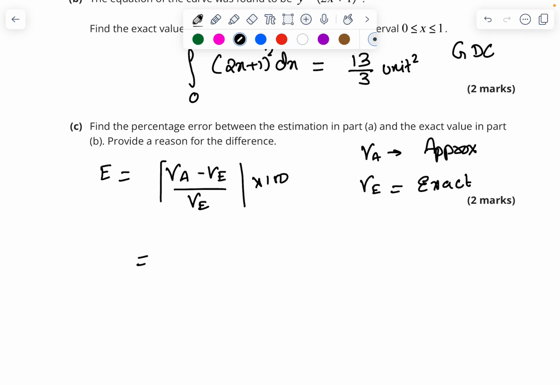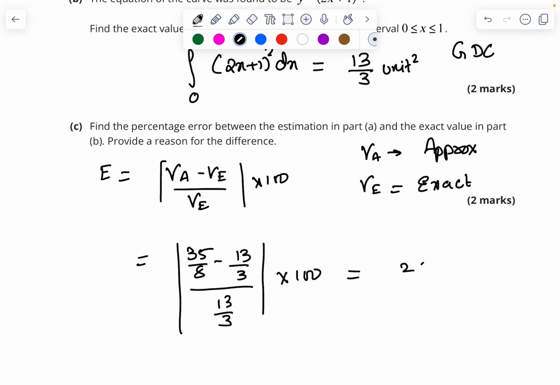So it's going to be 35 upon 8 minus 13 upon 3, divided by 13 upon 3, times 100. Which is going to be nothing but 25 upon 26, which is 0.961538, which is 0.96%. That's going to be the answer.